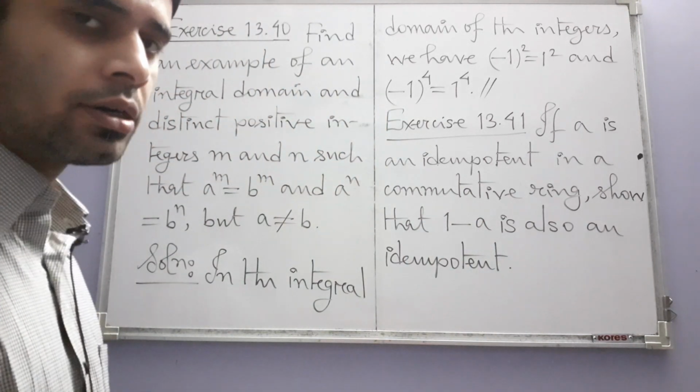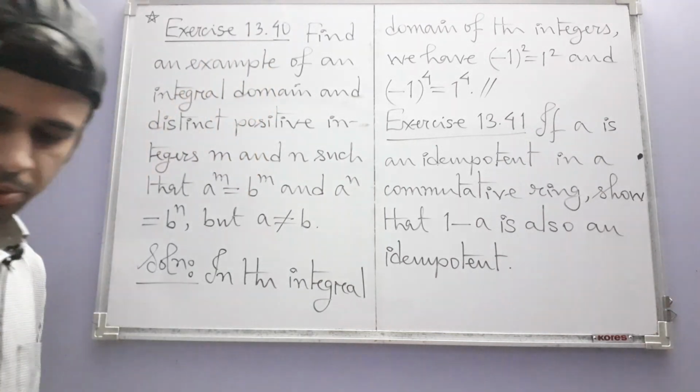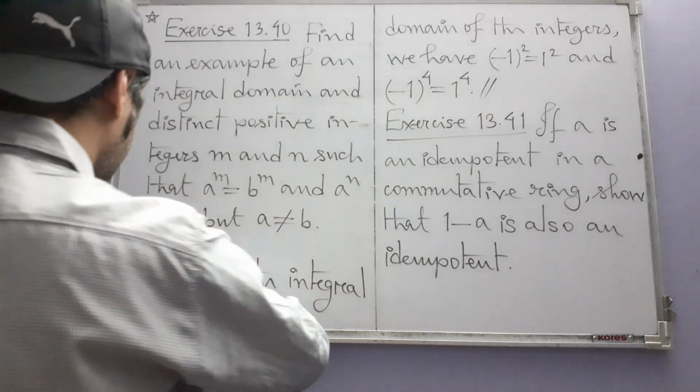Idempotent means the square of A is A itself. A square equals A. So let me write the solution here.